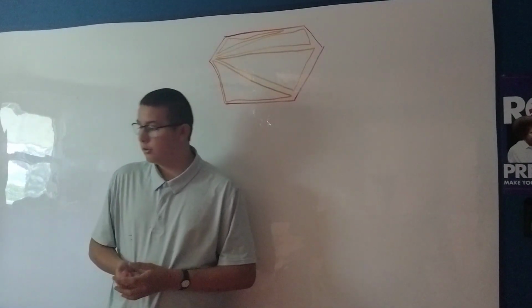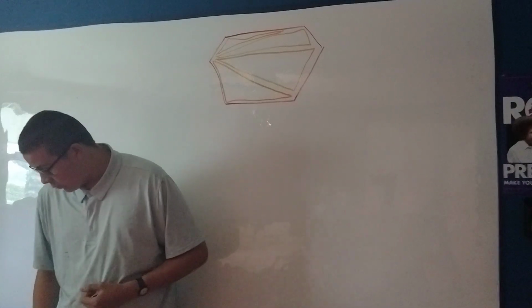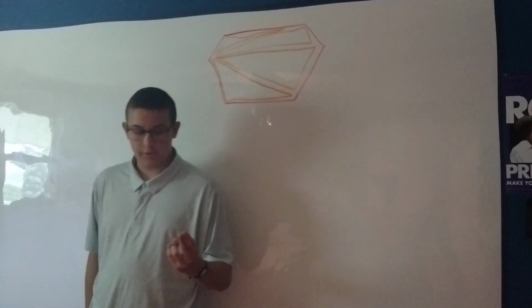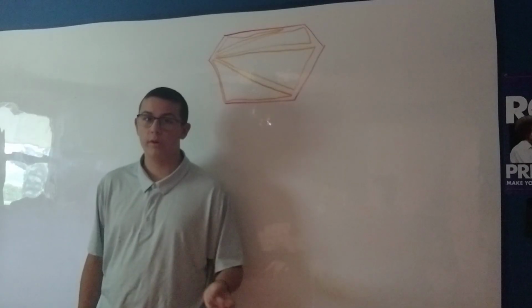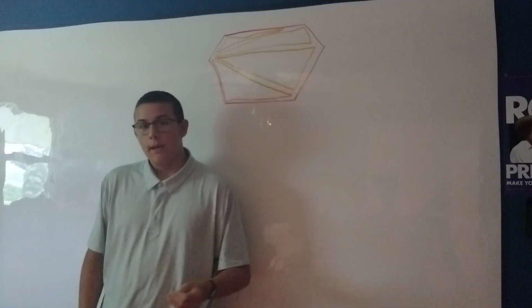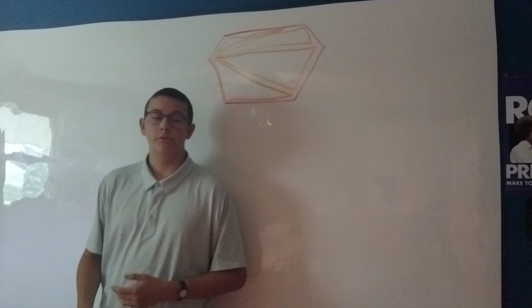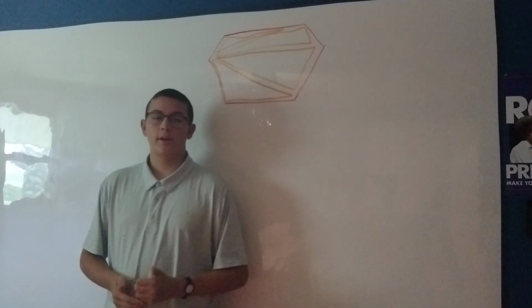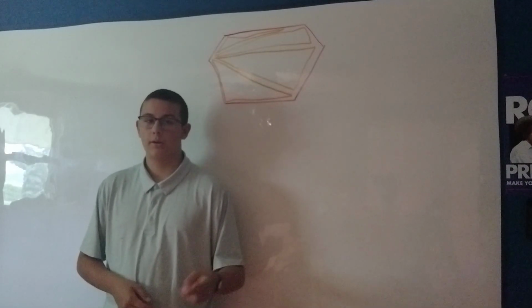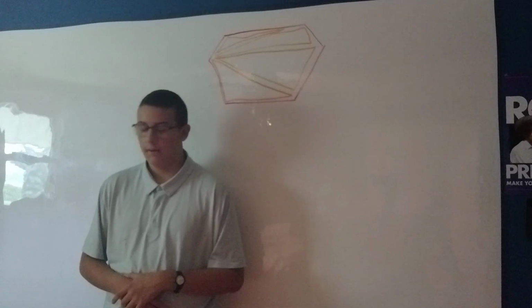And if you've started to notice a pattern yet, we could fit 2 triangles into 4 sides, we could fit 3 triangles into 5 sides, and we could fit 4 triangles into 6 sides. So we can always fit 2 less triangles than the number of sides there are.